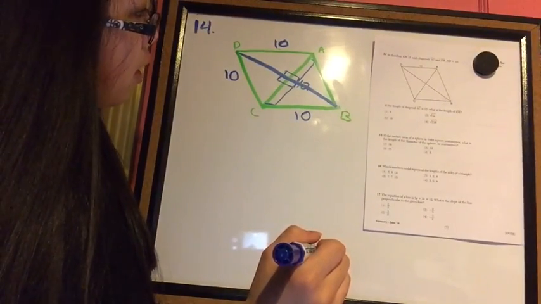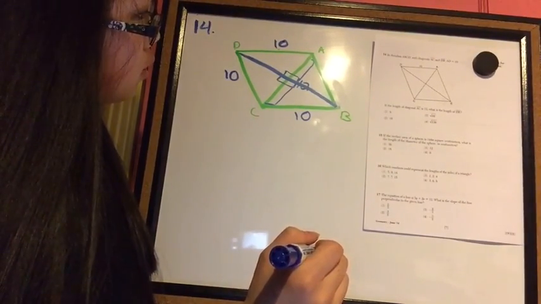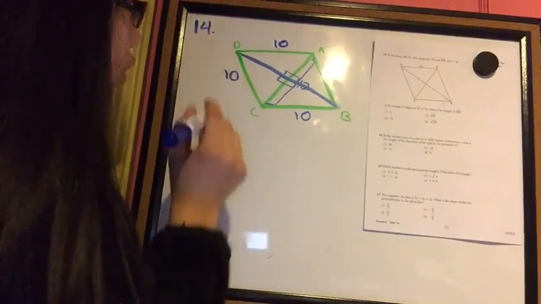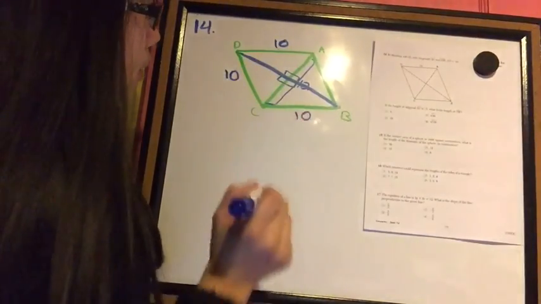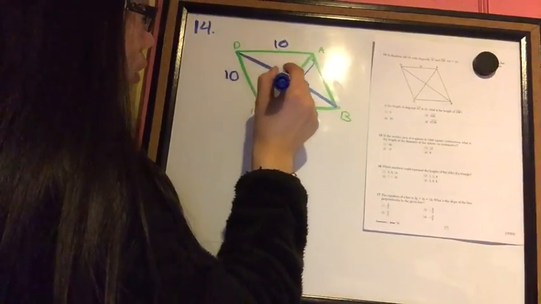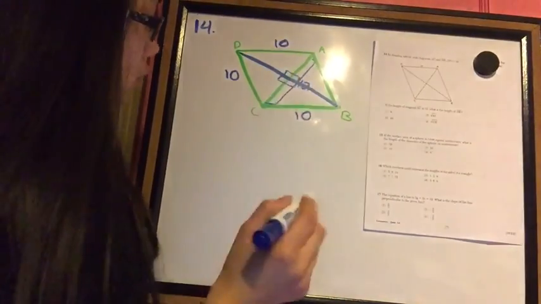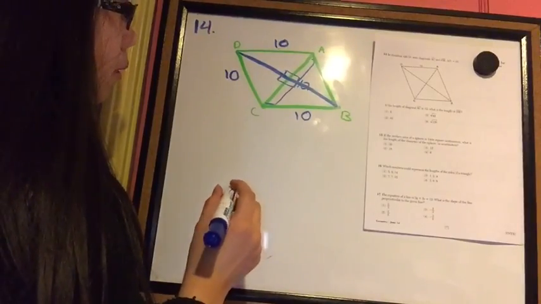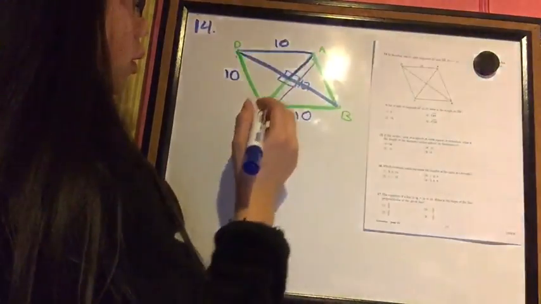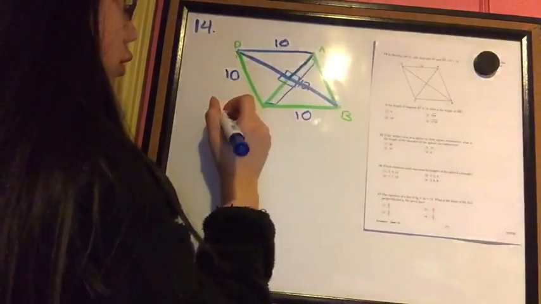So now we may use the Pythagorean theorem to figure out the length of DB. First, we have to figure out the length of this section right here, D to the middle. So if you think of this as a right triangle, this is the hypotenuse here.